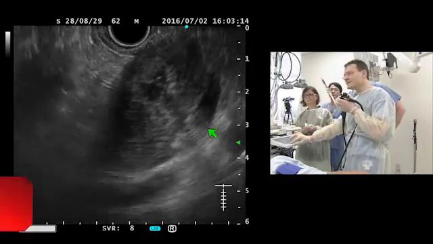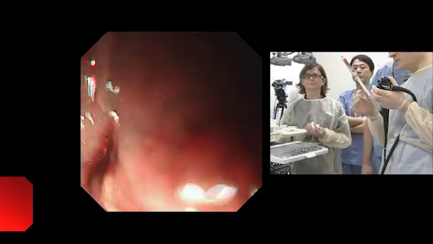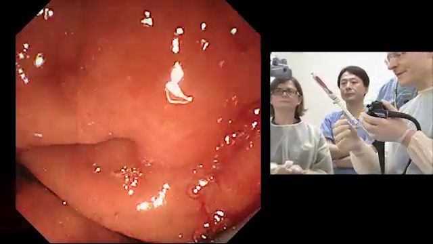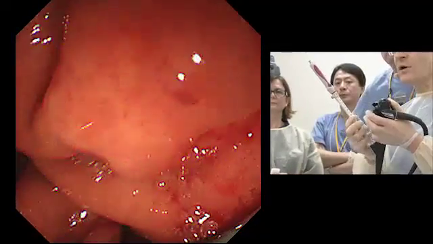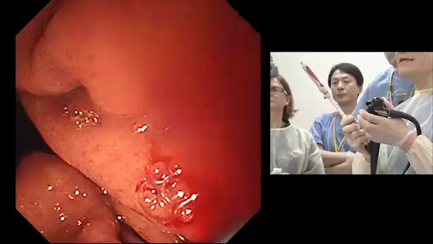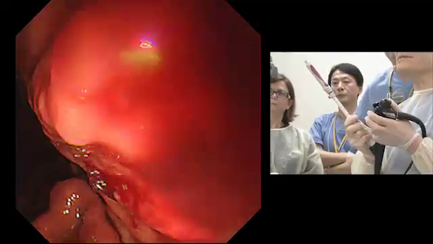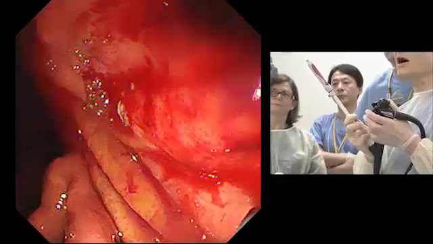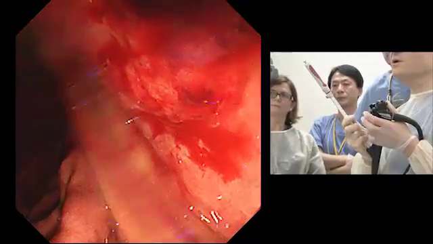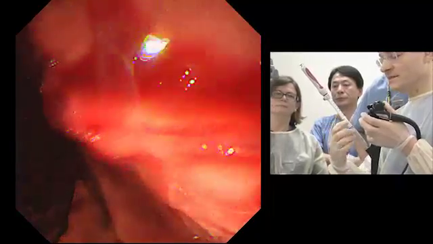The next point is now, for this puncture we use the 25 Procore needle, and this needle also has an adapter for the length of the needle. And now here in this area it is very important that the needle is not very much out of the working channel because of the problem of bouncing back in this area.